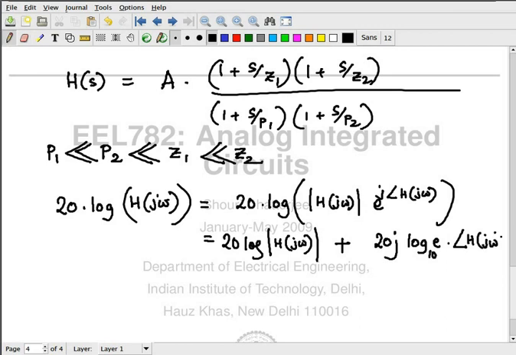Is this correct? Log of e to the base 10. Right? Or is it 10 to the base 10? No, e to the base 10. Okay. So this is what we've got so far.